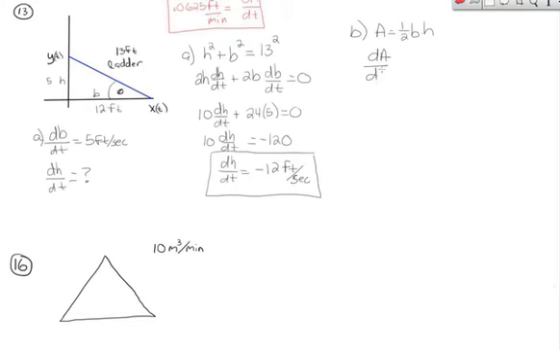So I get dA dt equals, looks like quotient or product rule, 1/2 dB dt. So the derivative of the first times the second plus the first, half b, times dH dt.